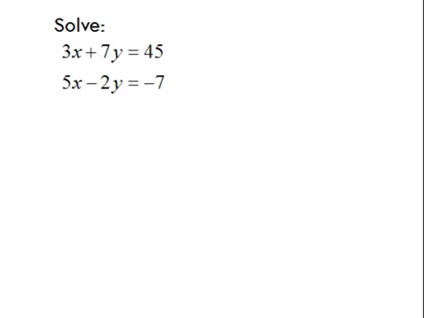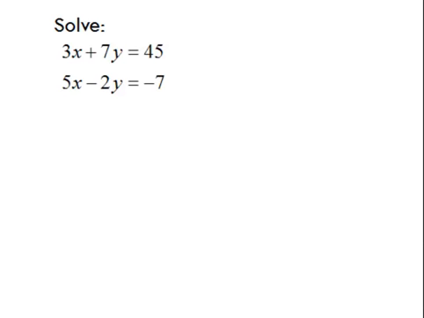So the last example I wanted to show you is an example where it's a little difficult to see what opposite to create. So 3x plus 7y equals 45, and 5x minus 2y equals -7. I notice, first of all, everything's lined up. That's a good thing. Step 1's done.